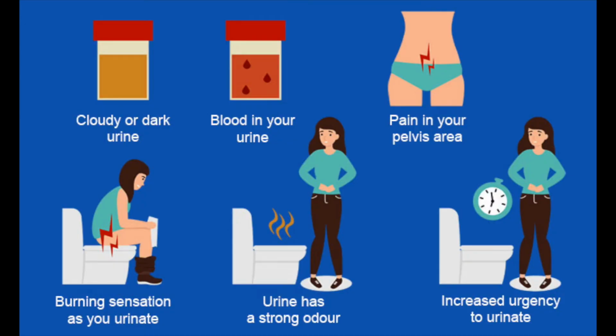Now moving on to symptoms. What symptoms are associated with this particular condition? If you have a lower urinary tract infection, that is either urethritis or cystitis, you might develop these symptoms. Burning micturition, that is a burning sensation while passing urine or towards the end of passing urine. Urgency, you might feel like going to the washroom again and again very frequently.